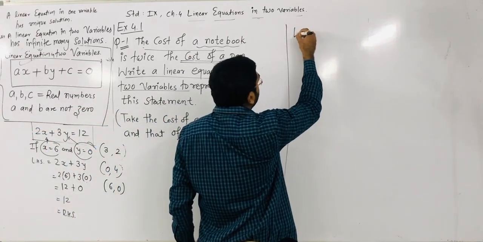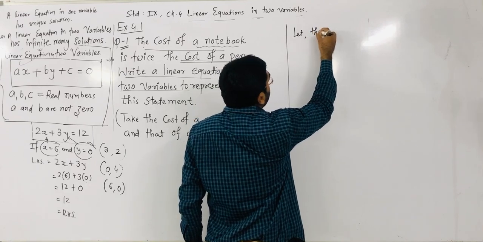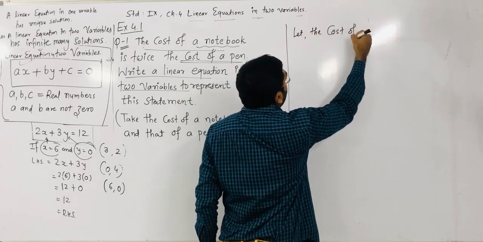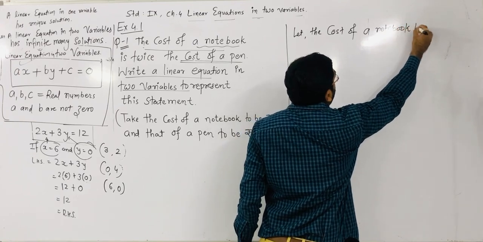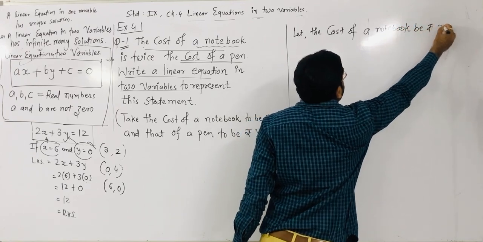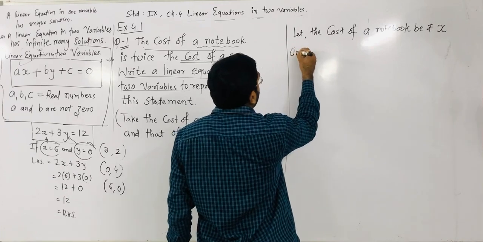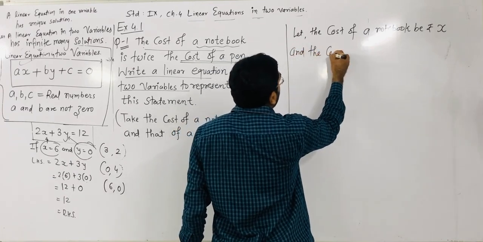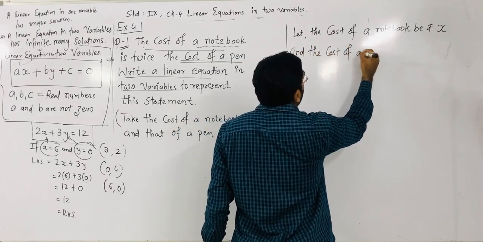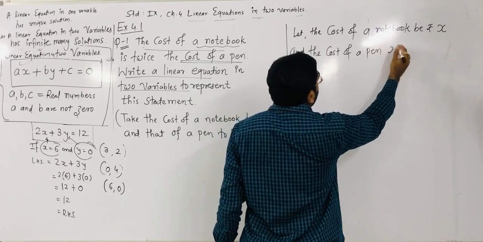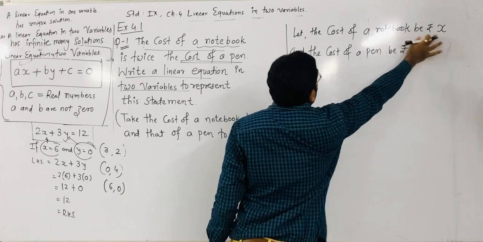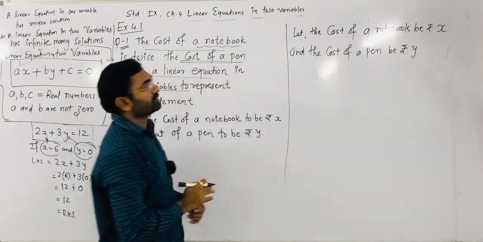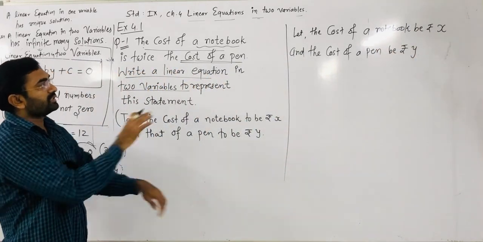Let the cost of a notebook be x rupees, and the cost of a pen, as per the given question, be y rupees. One notebook costs x, one pen costs y rupees.